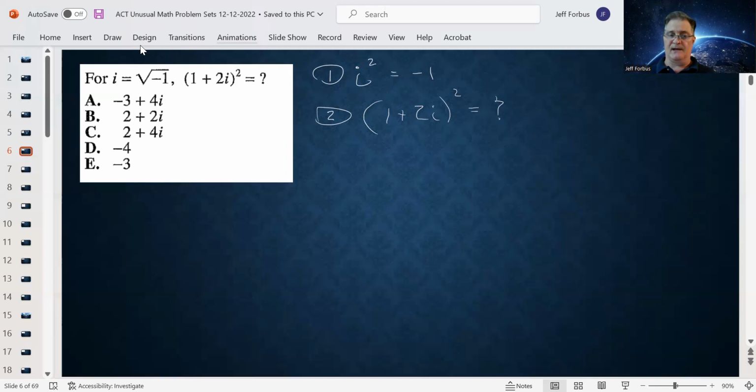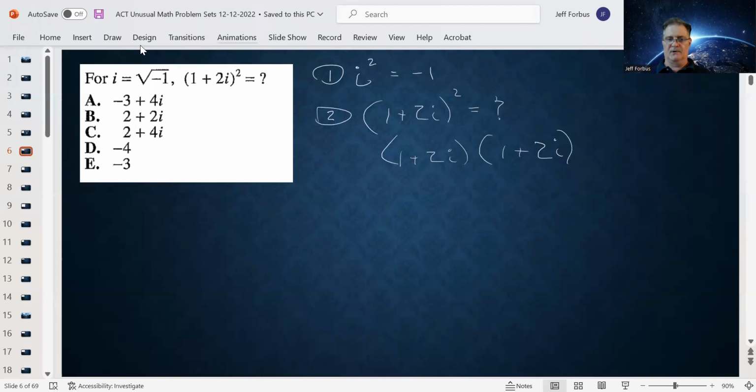The second mistake that's always made is people like to take the 1 and square it and then square the 2i. That is the wrong ideology. This means 1 plus 2i times 1 plus 2i.